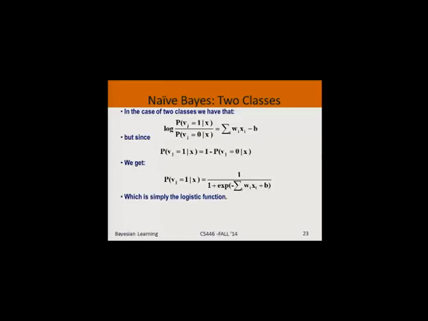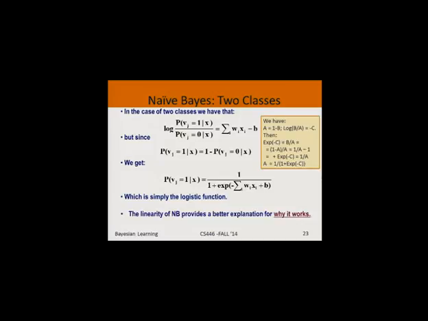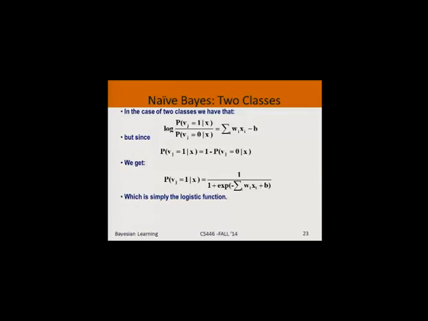I can also write it, just because it's interesting, since I'm dealing with the Boolean case, I can write P of v being 1 given x is 1 minus P of v being 0 given x. So doing some algebra, which I'm writing here, you can get that the probability of v being 1 given x is 1 over 1 plus e to the minus this linear function.